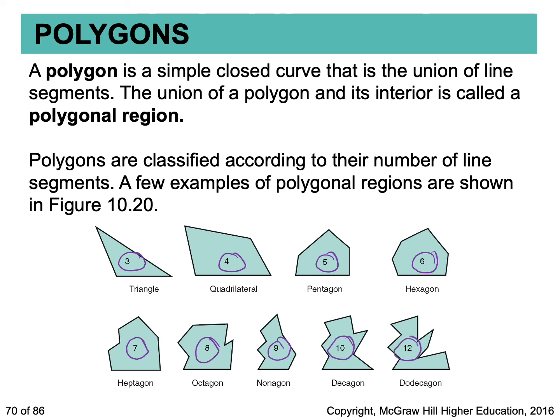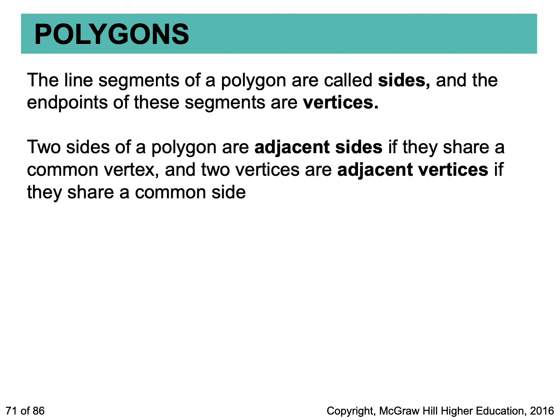You have triangle, quadrilateral, pentagon, hexagon, heptagon, octagon, nonagon, decagon, dodecagon. Any other numbers of sides, it would be called an n-gon. So if it's a shape that has 20 sides, it would be called a 20-gon.